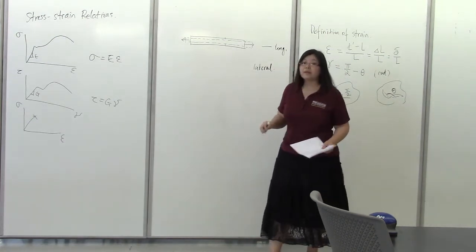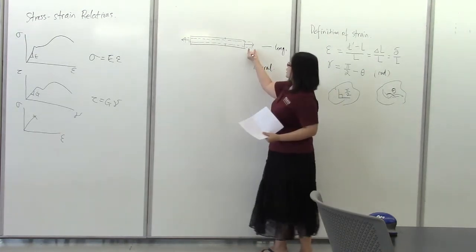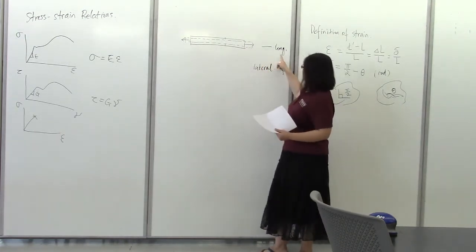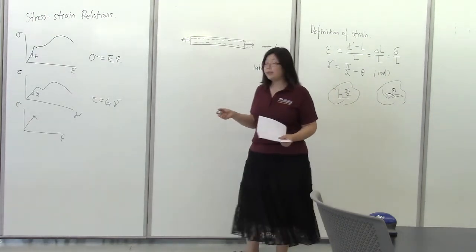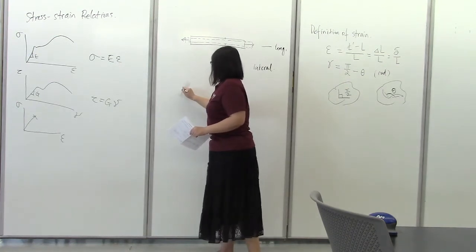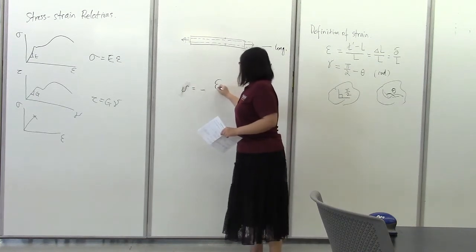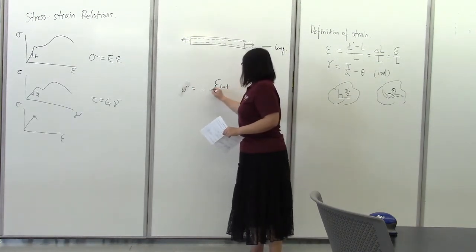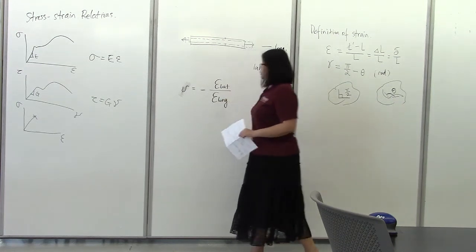The normal strain, which again is used to characterize the change of dimension in each of these two directions, the normal strain epsilon, those two are related in the following way. We have the Poisson's ratio mu defined as negative epsilon in the lateral direction divided by epsilon in the longitudinal direction.